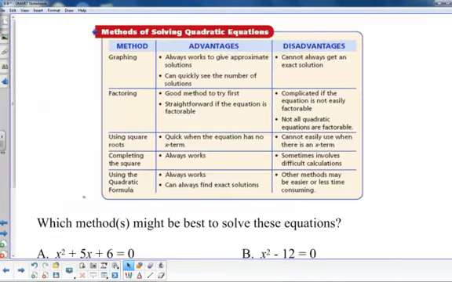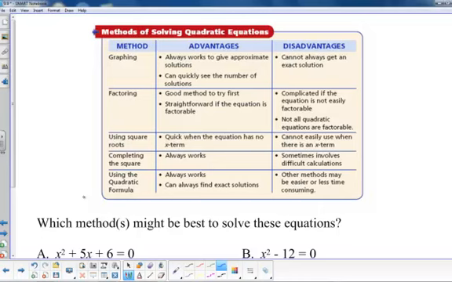So we have multiple different ways to figure things out. If you look at this lovely table, graphing, a good way to approximate zeros but not get the exact answer. Factoring, if it's factorable, it's great. If not, you can't factor.